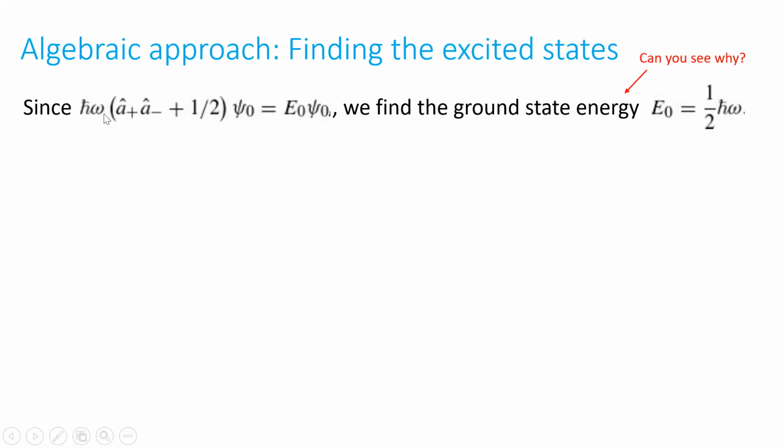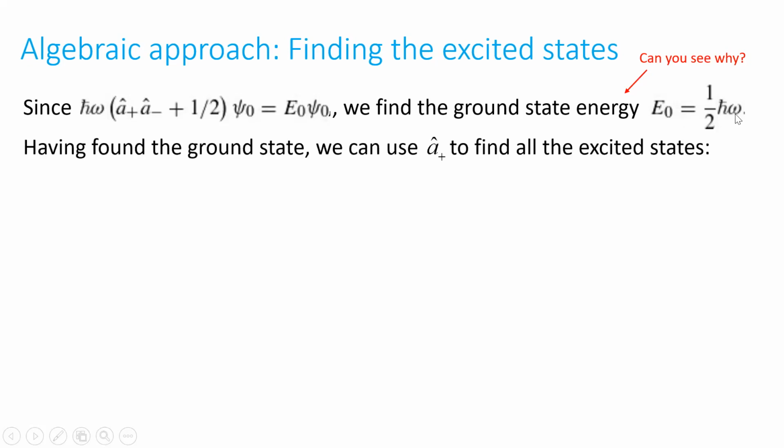That means h bar omega over 2 is equal to E naught, and we have our ground state energy, 1/2 h bar omega. Now we have the ground state, the Gaussian, and we know its energy is 1/2 h bar omega.